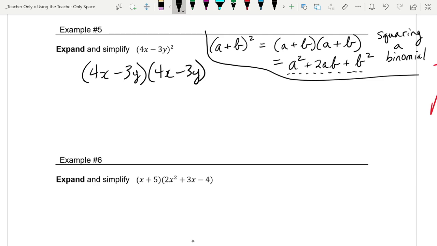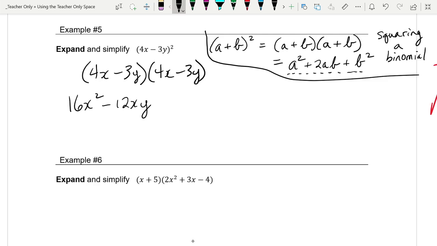4x squared times 4x squared is 16x squared. And I'll do this one the long way. 4x's times negative 3y's is negative 12x times y. Remember, your grade 9 teacher should have told you this. When you have a term that has more than one variable, you tend to put them in alphabetical order. So I put x before y. Would it matter? No, but that's the way we usually do it. Okay, so that was outside times outside.